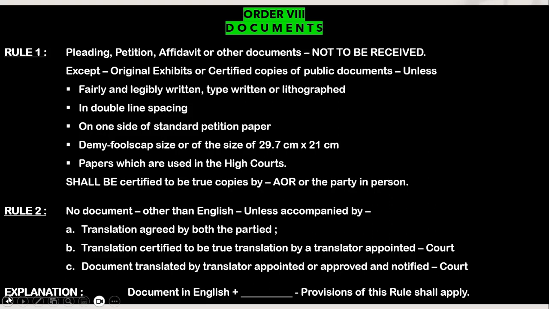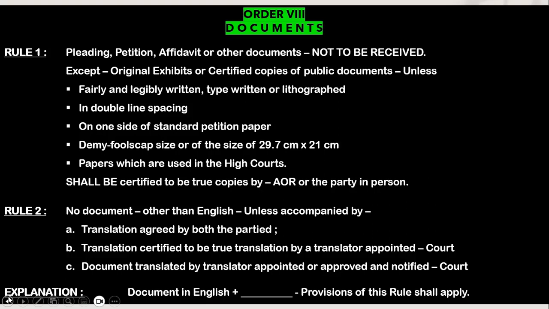So if I am filing a paper which is in any language other than English, then I will have to get it translated. So that translation must be agreed upon by both the parties. Secondly, that translation should have been certified to be true by the translator appointed by the court.